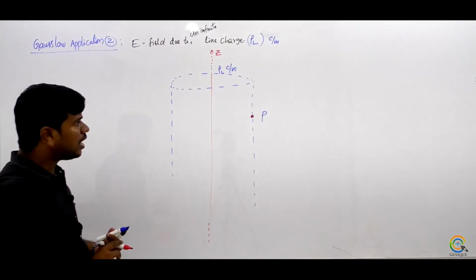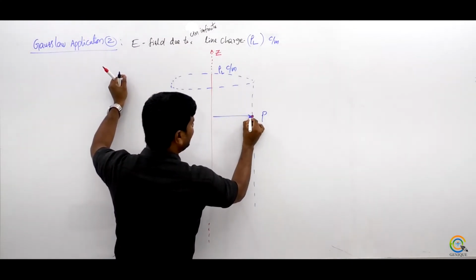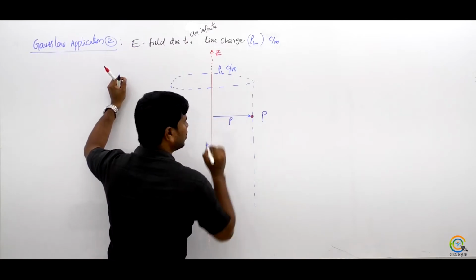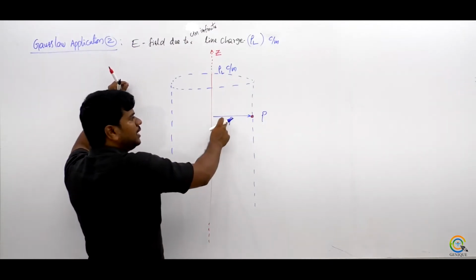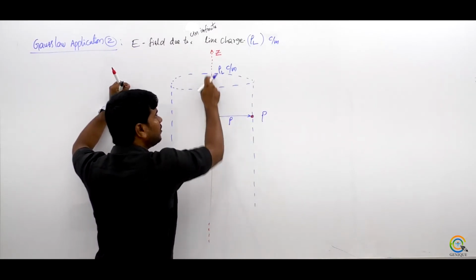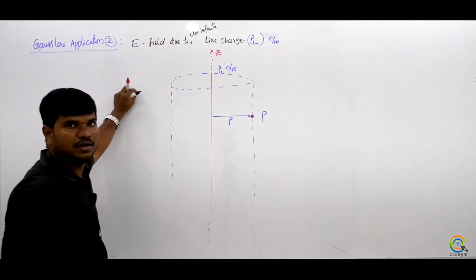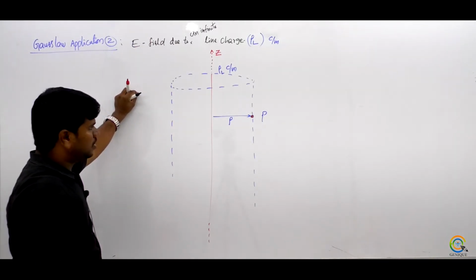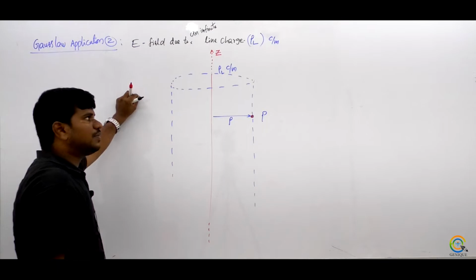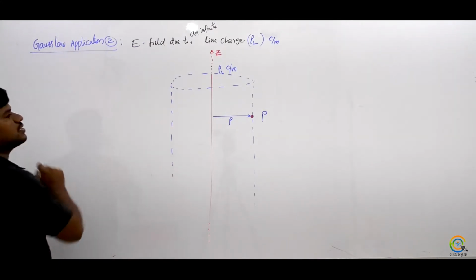This represents rho, the distance from the reference line to the point. Now we have to find the electric field intensity by using this Gauss law.